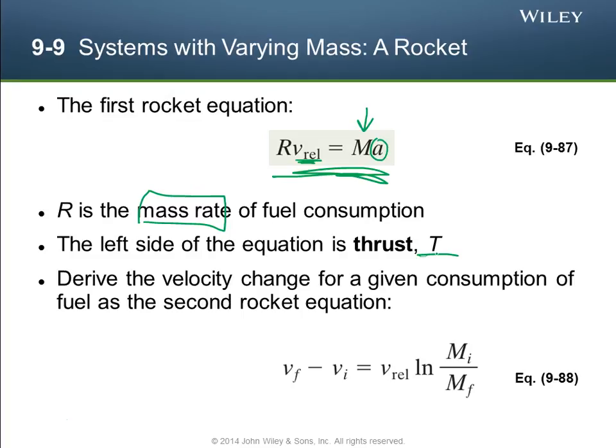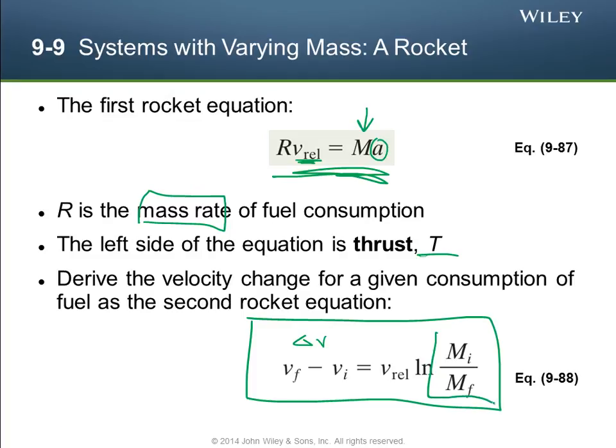And we can derive the velocity change for a given consumption of fuel as the second rocket equation. Our change in velocity, which we can write as Vf minus Vi, or delta V, is equal to the relative velocity times the natural log of the ratio of the two masses, the initial mass divided by the final mass.